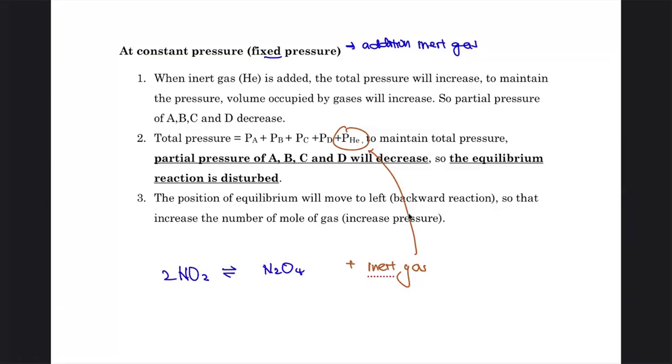If I want to keep the pressure constant, I need to expand. Expand what? Expand my volume. Expand the container.